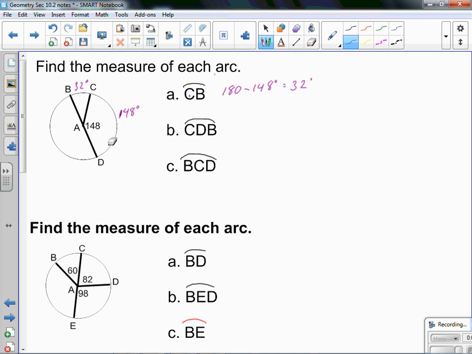So usually there will be another point in that major arc if we're going to name the major arc, so that we know we're going this way to get from C to B. All right, so CDB is the whole circle except for CB, right? Since the whole circle is 360 and CB is 32, we can subtract that from 360. We get 328 degrees.